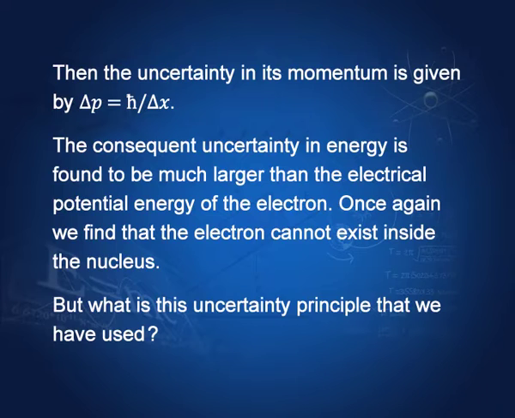That is, the uncertainty in momentum of the particle, delta p, is h cross by delta x. Now, it was this uncertainty principle which disallowed the existence of electrons in the nucleus. For the time being, let us stop or interrupt this story of the nucleus.